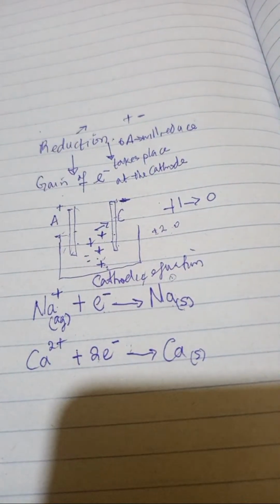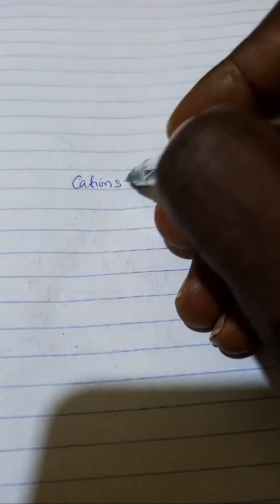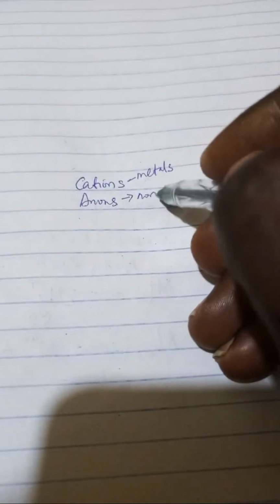And once an element gains electrons, preferably a non-metal, it becomes negatively charged. Cations are mainly metals, while anions are mainly non-metals.